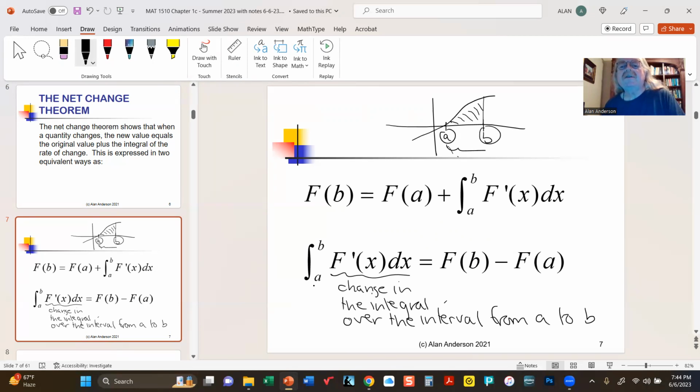This is the change between the two points in the integrals. So in other words, what you're trying to see is if you start here and then jump up to here over the interval, you can calculate where your final position is by taking the starting point and then calculating the change over that interval.